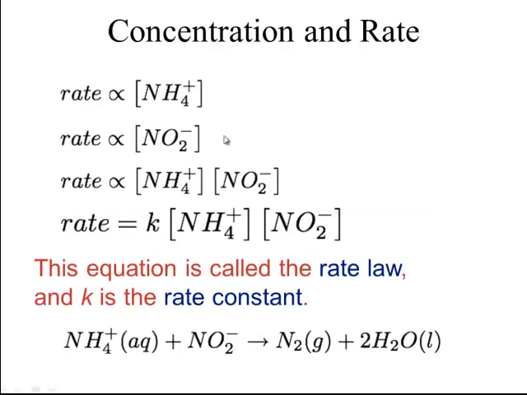So, the rate of the reaction is directly proportional to the concentration of ammonium ions, and also directly proportional to the concentration of nitrite ions raised to 1, and hence the overall rate of the reaction is proportional to the product of the concentration of ammonium ions and nitrite ions, and the constant of proportionality is the rate constant or the specific reaction rate.